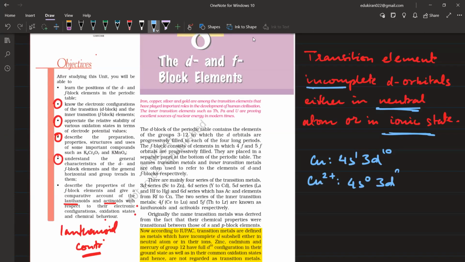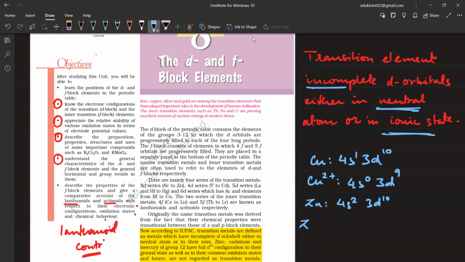So copper 2 plus has incomplete d orbitals in the ionic state. That is why it is a transition element. But if I take the case of zinc, this is 4s2 3d10, and zinc 2 plus is also 4s0 and 3d10.